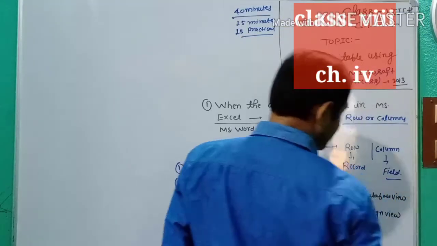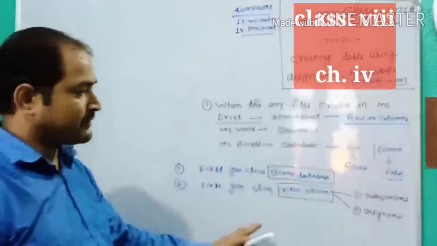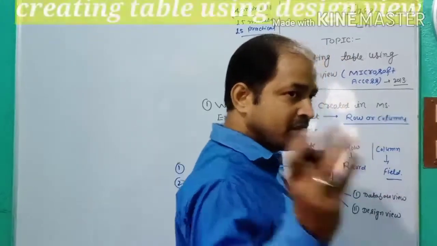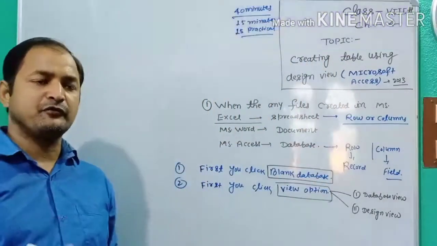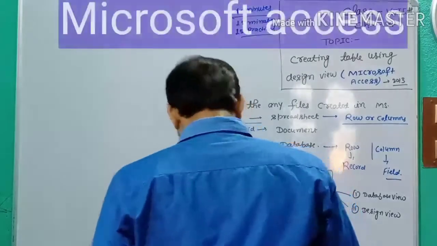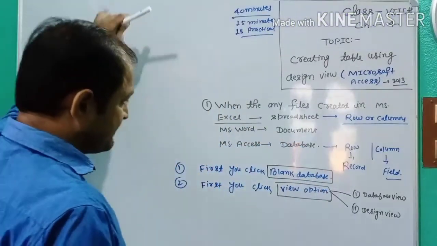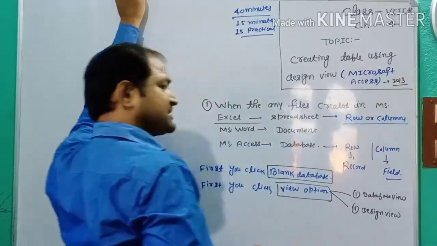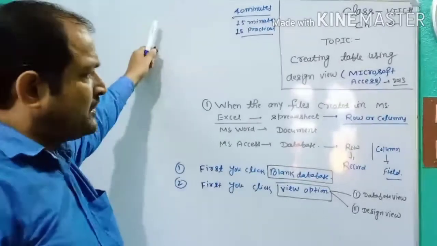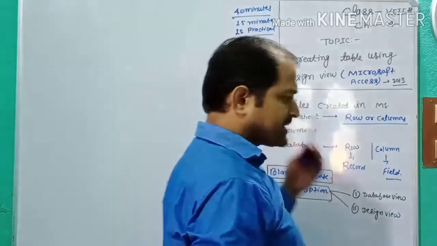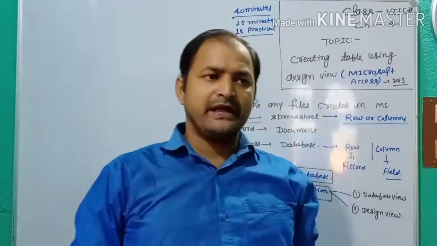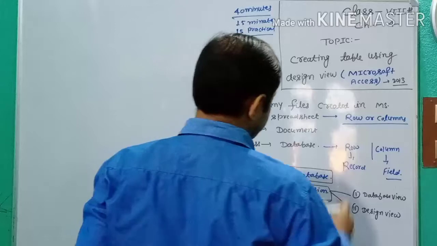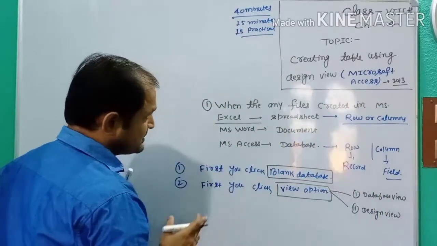In 2007 there are four or five options. In 2016 the same logic applies. You may work with 2013, 2007 or 2010. Don't worry. One time you work with 2007, one time with 2013. Every student works with only one Office version: 2007, 2013, 2016. Don't worry.